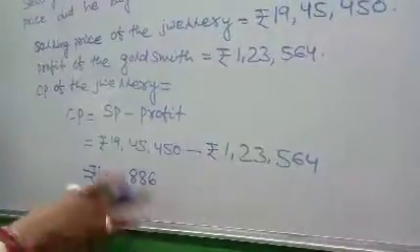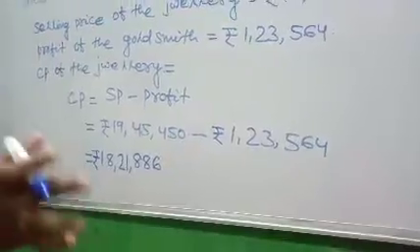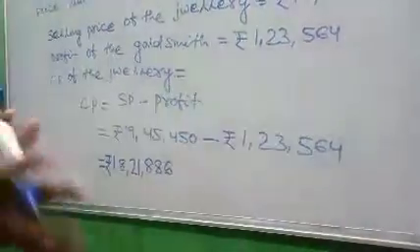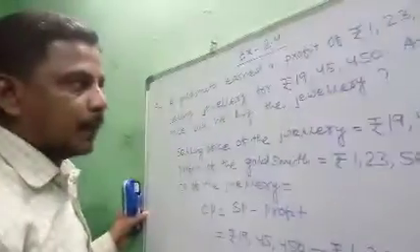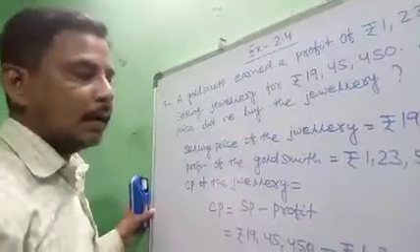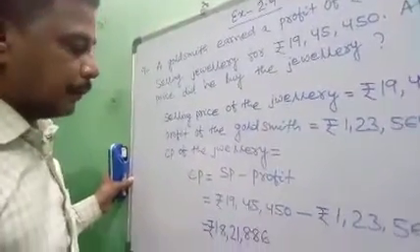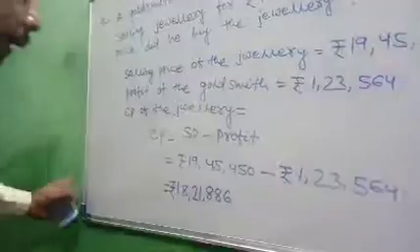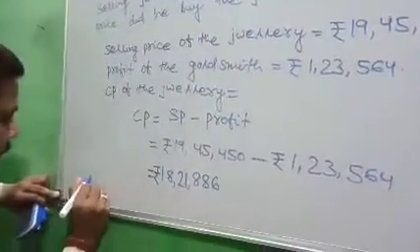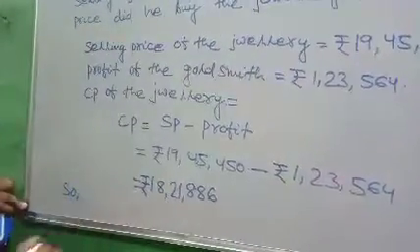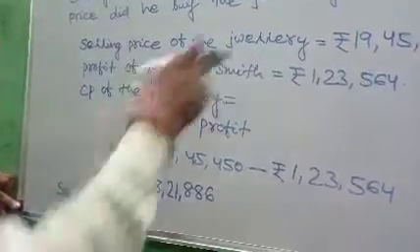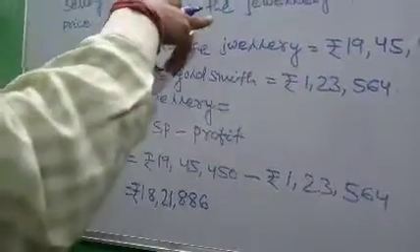Don't forget to put the unit in every number, because all the profit, loss, cost price, selling price are related to money. Okay, this is our answer. So at what price did he buy the jewelry?